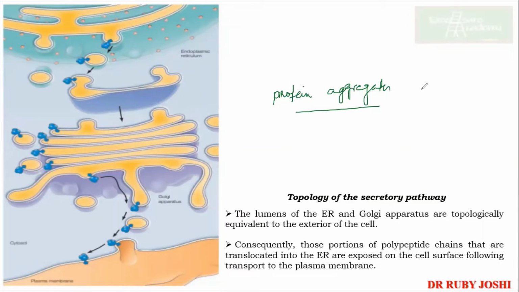Because if so much waste gets collected in the house, it will smell, it will get rotten, it will cause a disease, infection will spread. In the same way, if protein aggregation happens in the cell, this will hamper the function of other proteins which are present, and eventually the cell is not able to function properly. So that's why we don't want any protein aggregation happening inside the cell.